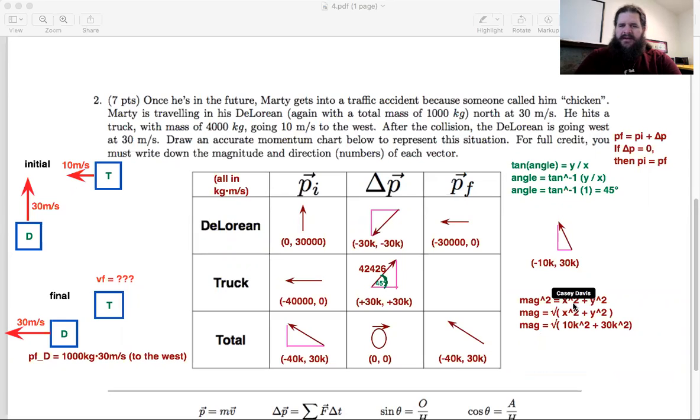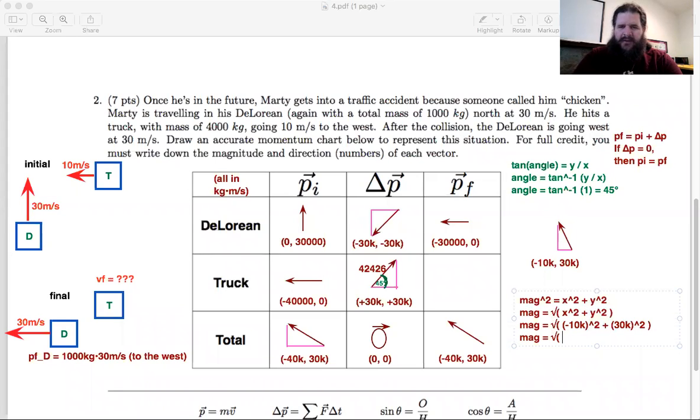No. Because it's going to be squared. Even if I do fill in the negative, squaring it gets rid of that negative anyway. So in the Pythagorean theorem, you can just ignore negatives entirely. So we're going to get square root of 10,000 squared plus 30,000 squared. We can just treat kilo as a unit here.